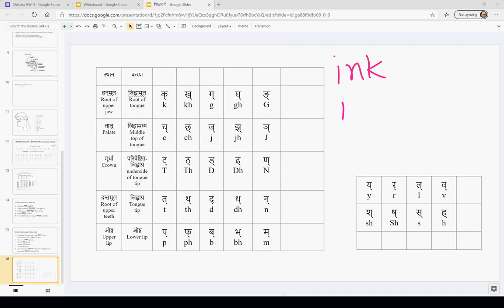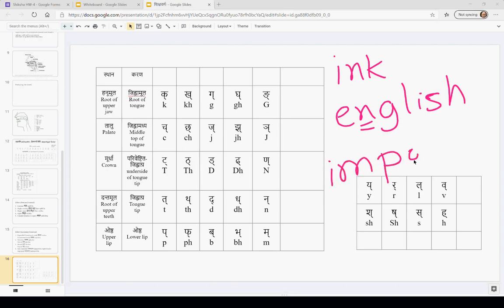Then the other one is like engage, or English, for example. That is a second word using N. And using M, we write important, for example. So these are different words in English where the letter used for the nasal sound is N or M.